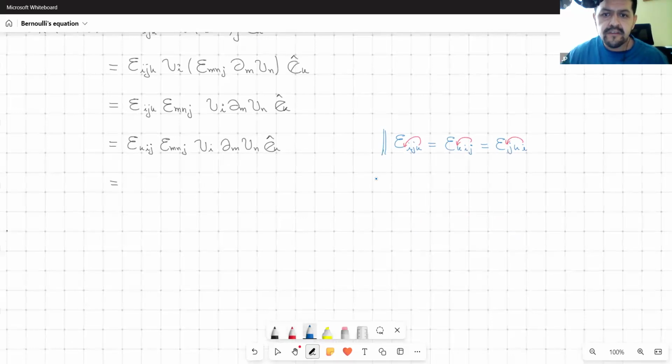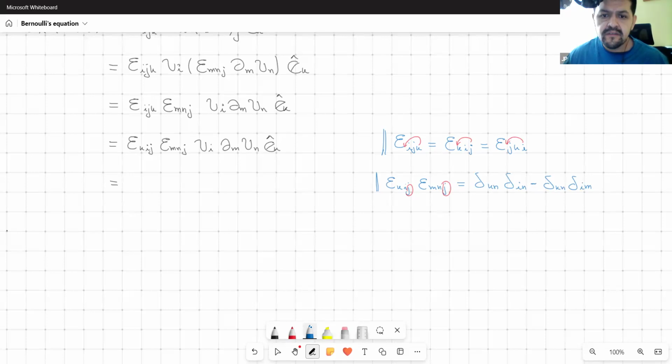Next, we will use another important property that says that epsilon kij times epsilon mnj, when the two indices here coincide, as you can see here, is equal to the Kronecker delta of km times the Kronecker delta of in minus the Kronecker delta of kn times the Kronecker delta of im.